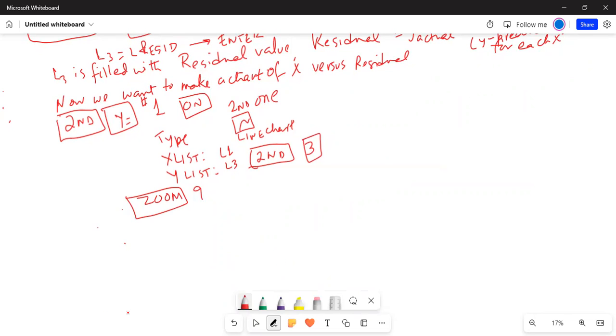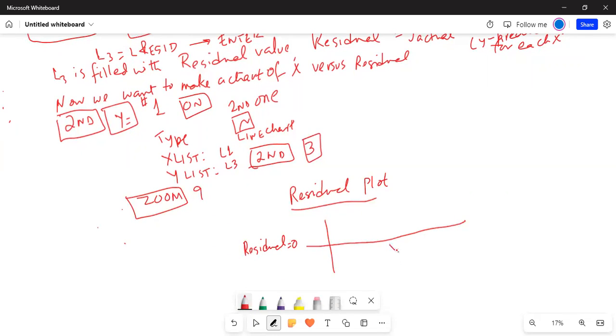And the residual plot looks like this. The horizontal line is where residual equals 0. Remember, these are your x values, and residual is on this side.